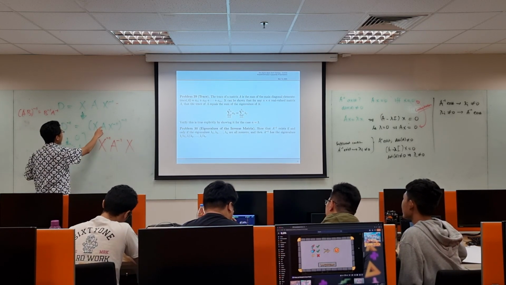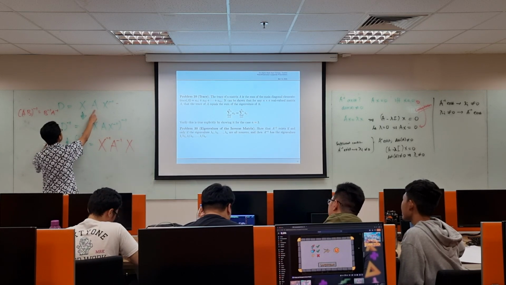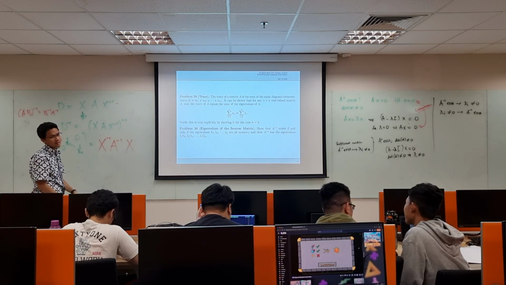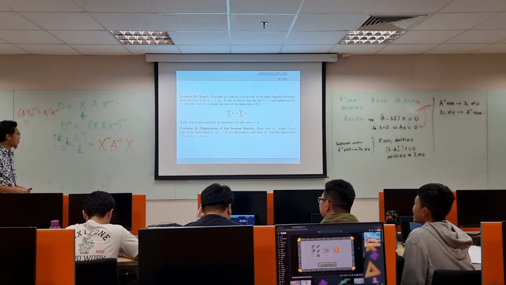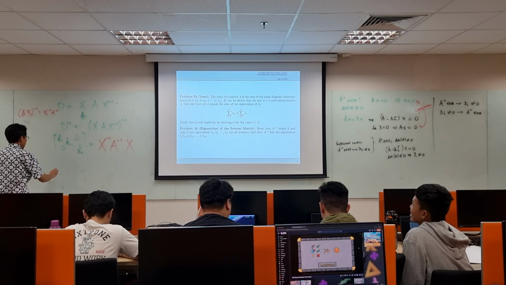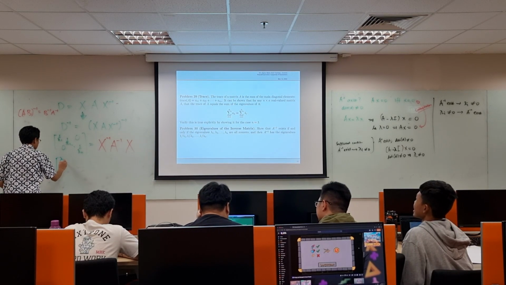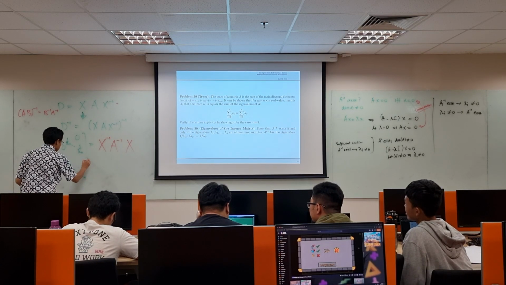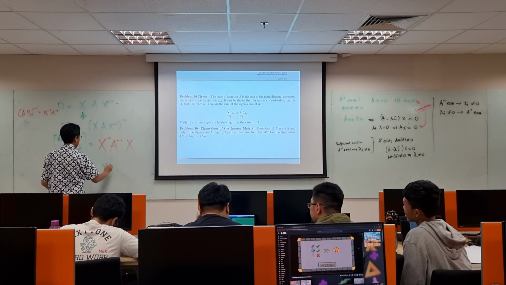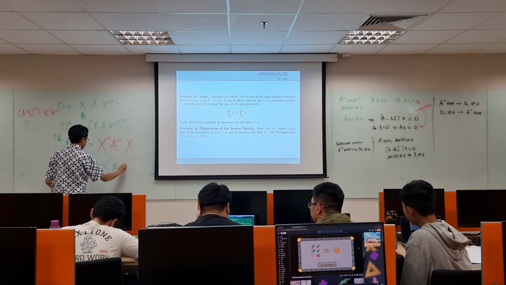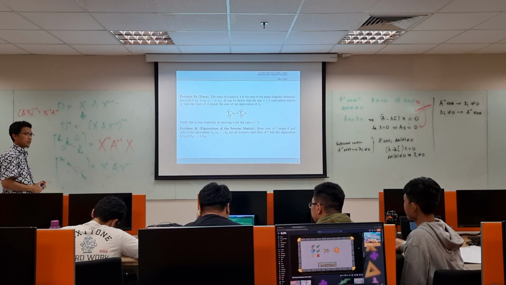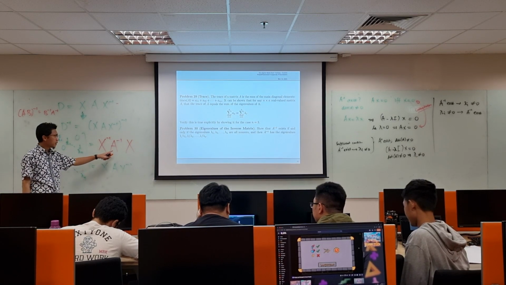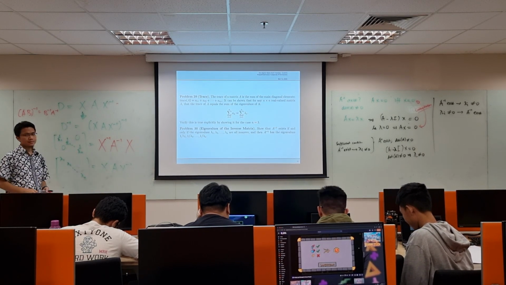Oh, eigenvalue of A is this one, right? Because when this is the eigenvalue, then it's just X inverse. This is the matrix. If this is the matrix, then this is the eigenvalue.